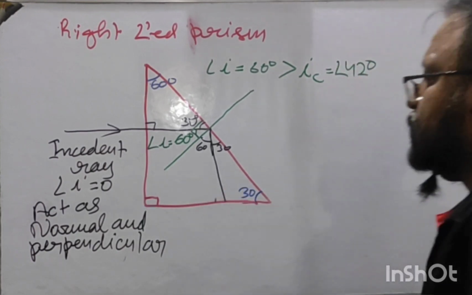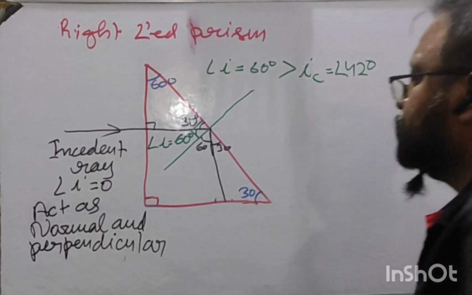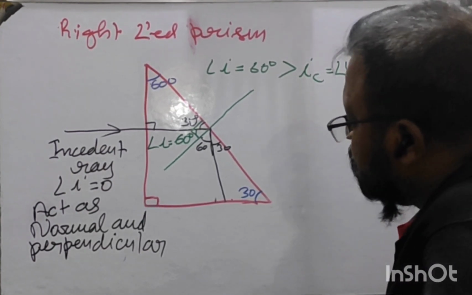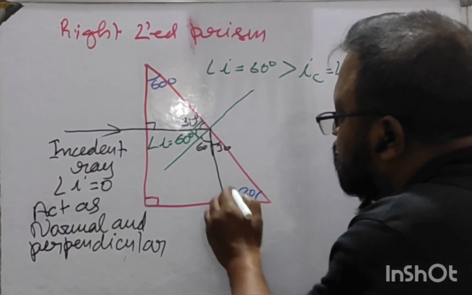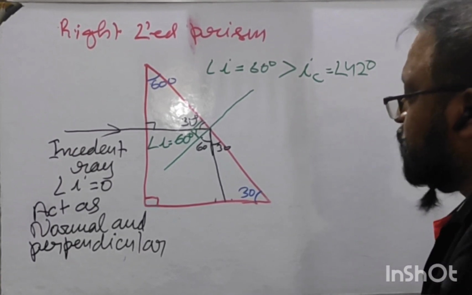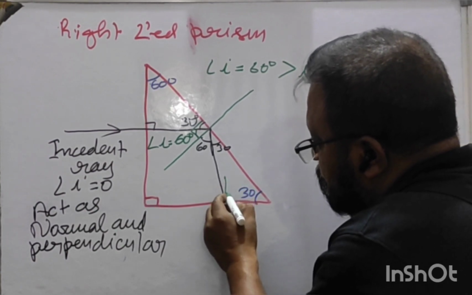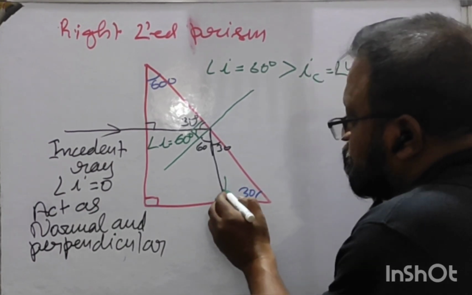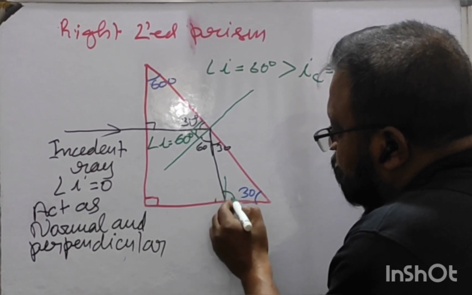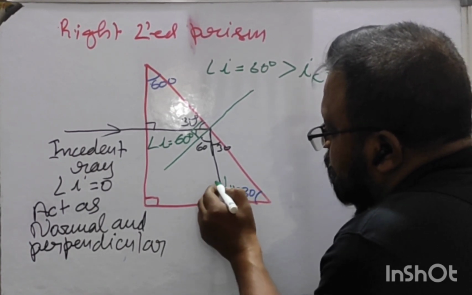It goes like this, so this is greater than 90 degree. When it is greater than 90 degree, take the normal at this point. So this total angle will be 120 degree and this angle will be 30 degree.